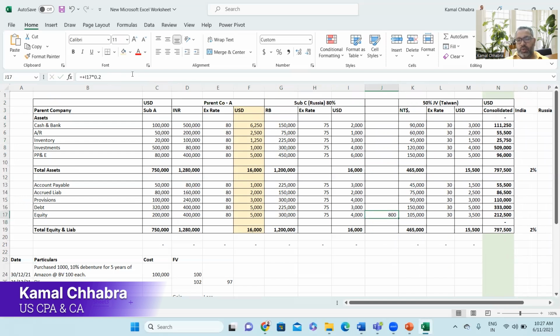That means 20% is with someone else. Yes, sir. And when you are doing consolidation, here you have shown 212,500, right?